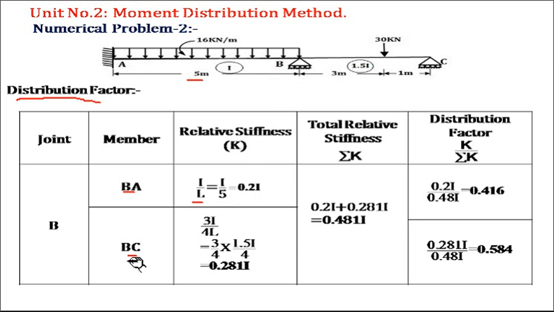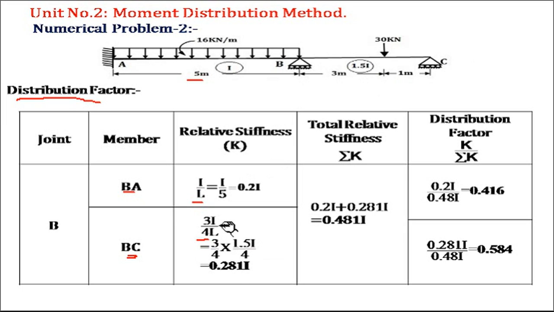Now the relative stiffness for member BC. The condition given is that the far end is simple. From B to C, the far end is simple and the beam is not continuous. When the far end is simple and the beam is not continuous, the relative stiffness value is 3I upon 4L. The value of I for member BC is 1.5I and the length of member BC is 4.